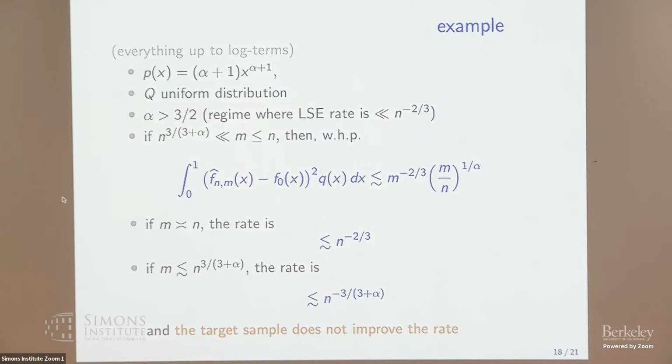If m is equal to n, then we get the n to the minus 2/3 rate back, which is somehow clear because then working with the target domain would be sufficient. If we have less than n to the 3/(3+alpha) target data, then we don't improve on the rate anyways. So we could also throw away the target data, because in terms of convergence rate it's not strong enough to improve the rate in this regime. So we can understand a bit the interplay of how many data points we need.